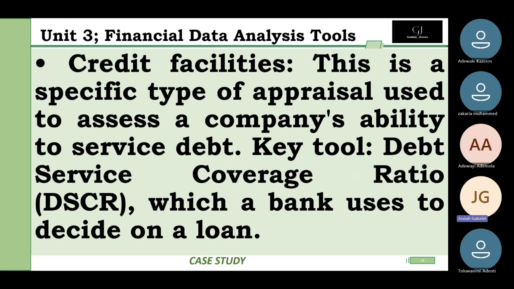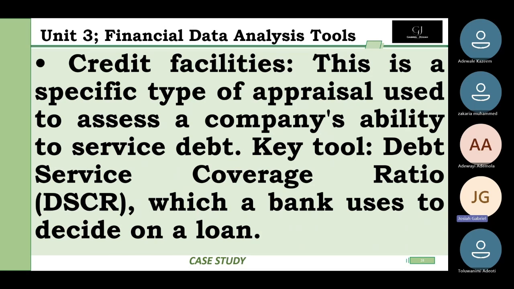Take an area like credit facilities. This is a specific type of financial appraisal used to assess a company's ability to service debt. A key tool, especially for banks, is the debt service coverage ratio, DSCR, usually used to decide on a loan.